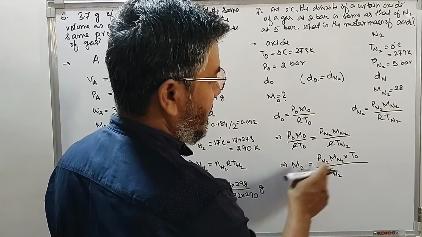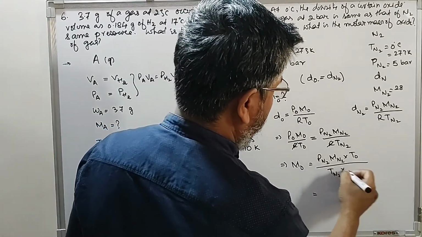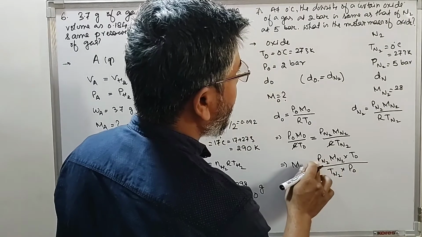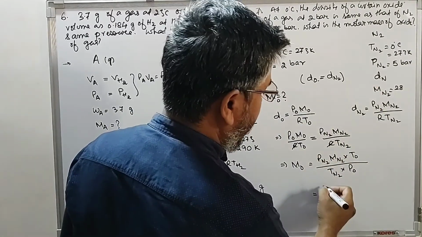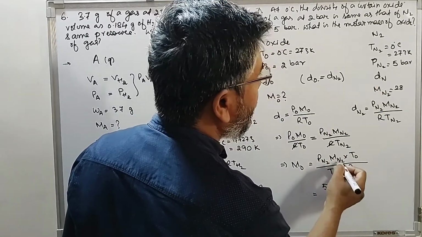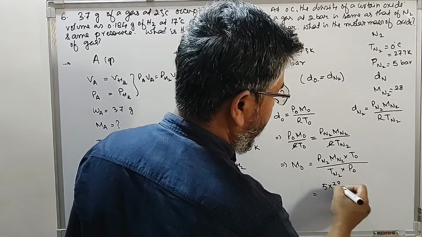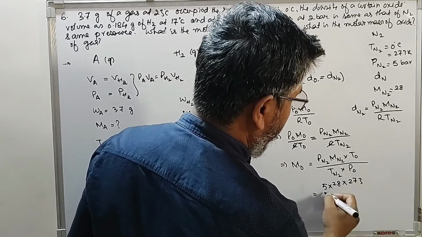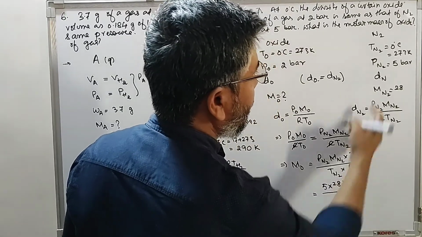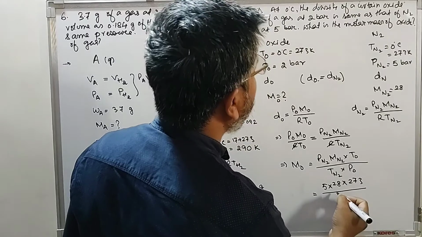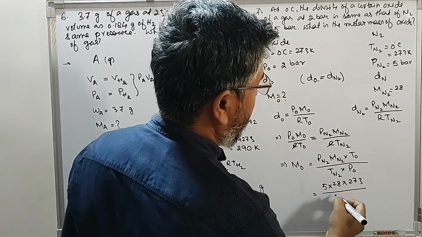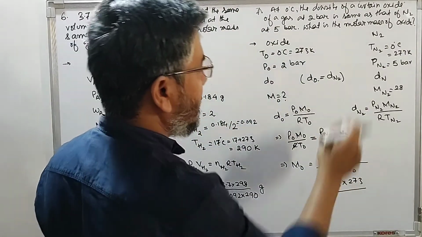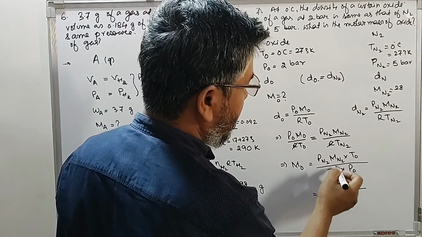PN2 is 5 bar, MN2 is 28, TO is 273 divided by TN2. Temperature remaining the same, so again this will cancel out.